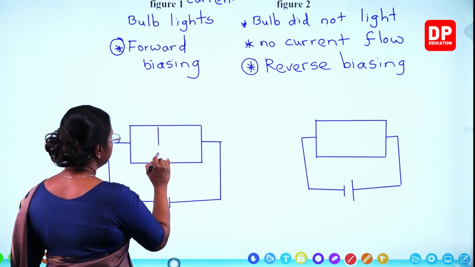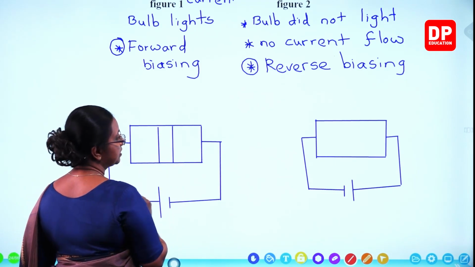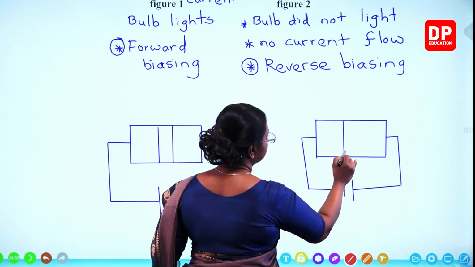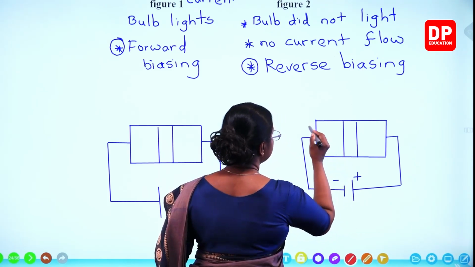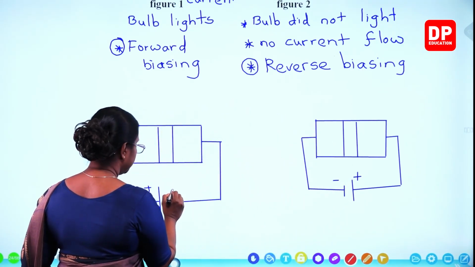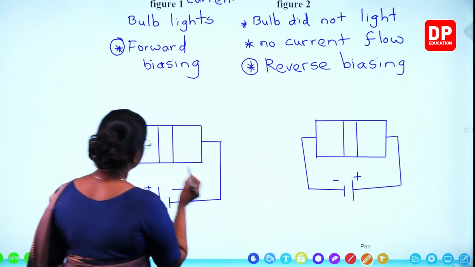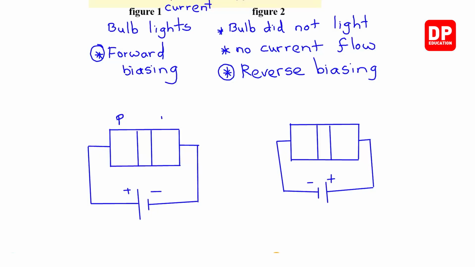Here we already have a depletion layer. Positive, negative, positive, negative. This side is P, this side is N. Now, in the P side we have holes and in the N side we have electrons.